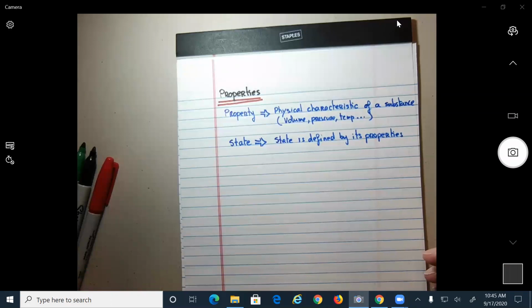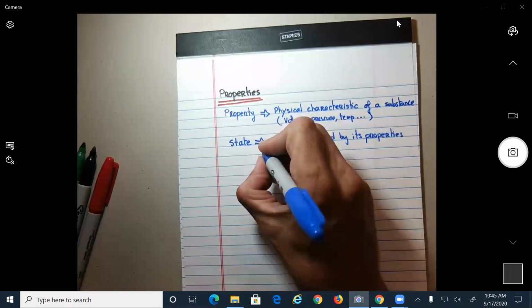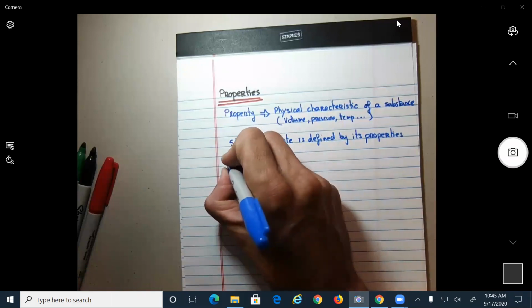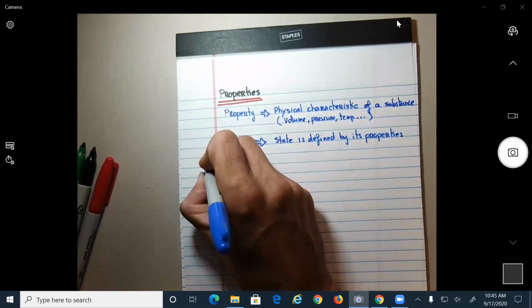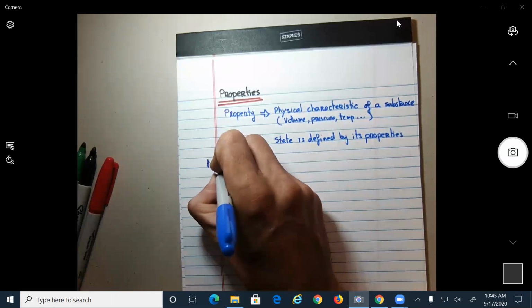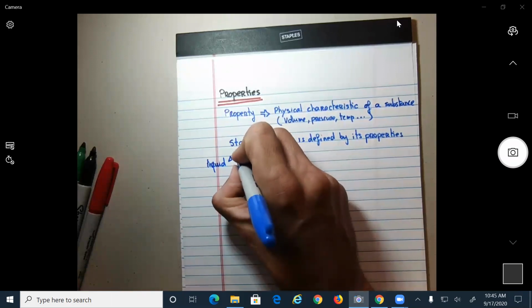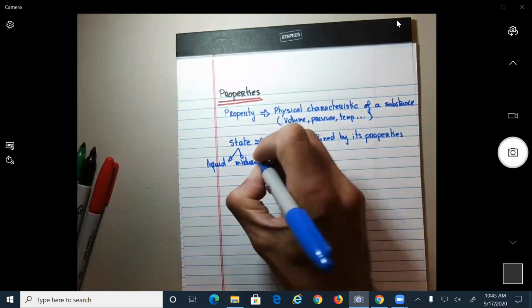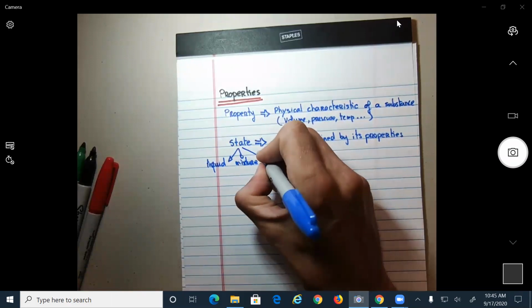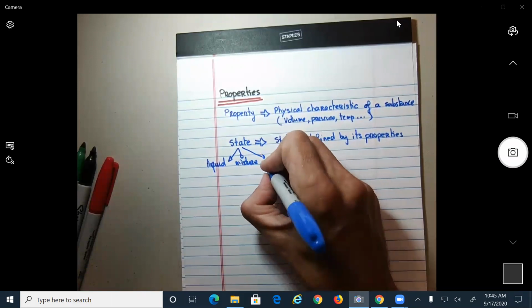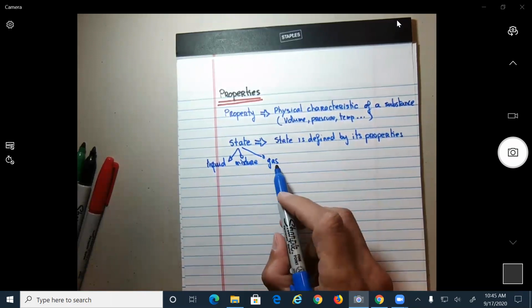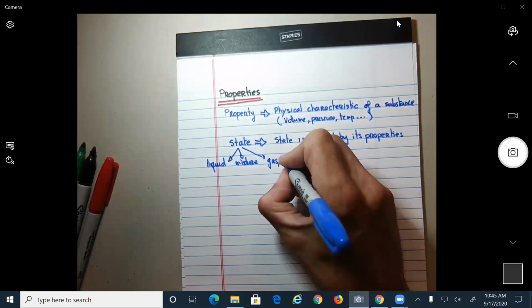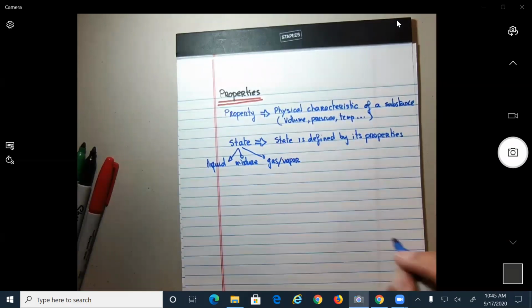Okay, so that's why we say that the state of a substance is defined by its properties. So if you are in a different state, the properties should be different, no? And we know that states can be, let's say for water, liquid, a mixture of liquid and gas, or this would be gas or vapor if you want to think about water and vapor.